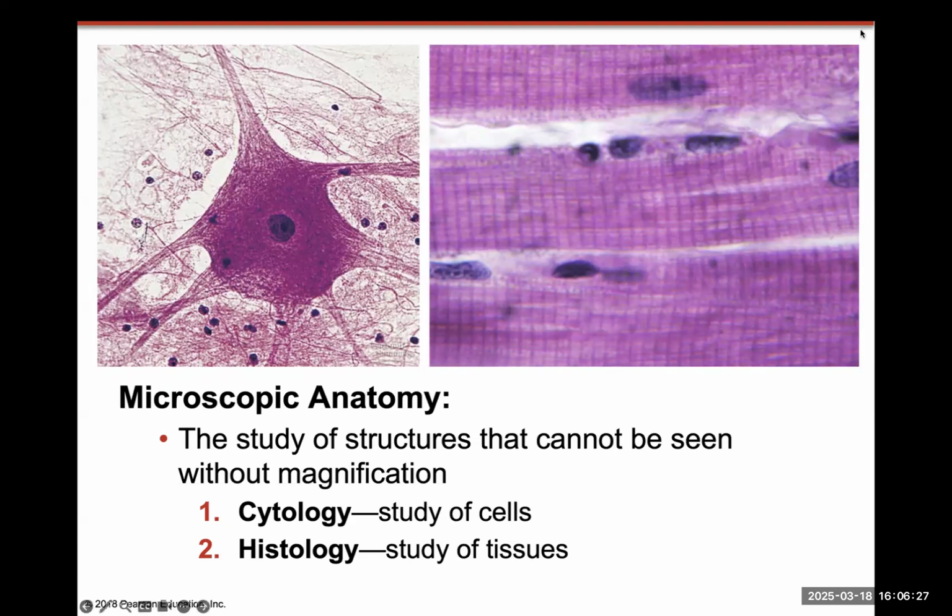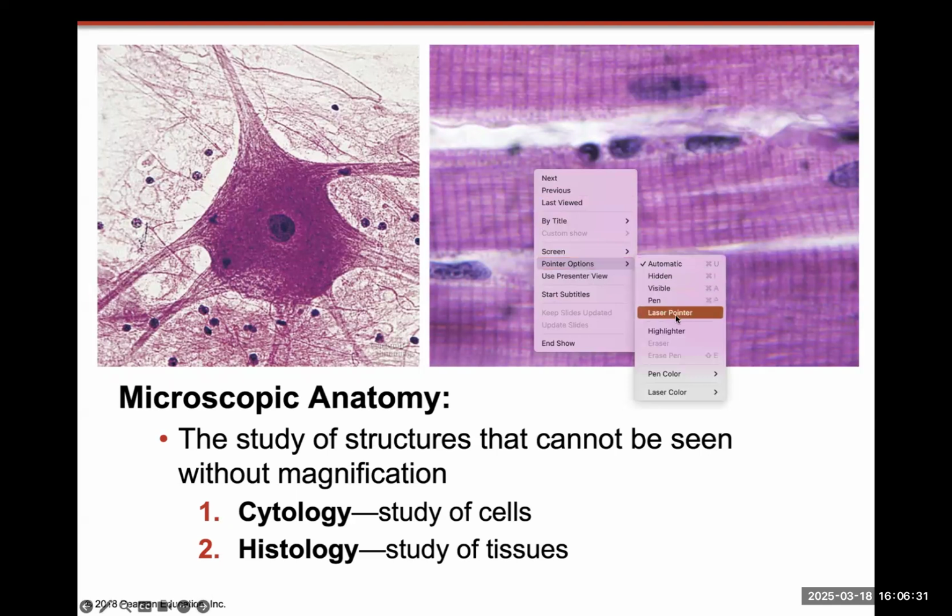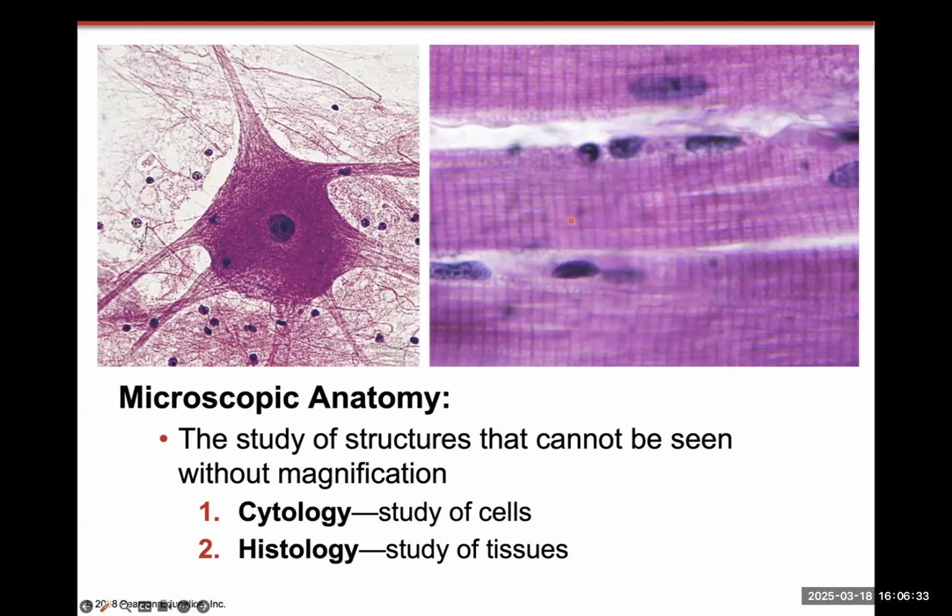Hopefully you can see the cursor. Let me see, pointer options. So yeah, that's muscle tissue there. We have nervous tissue, which is what you see. This is the nerve cell over here. We have all other kinds of tissue, like skeleton tissue or epithelial tissue.